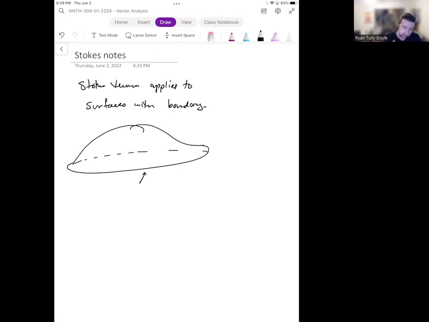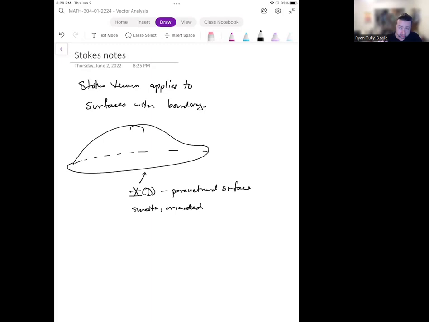I know it's irritating to use S for both the surface and the component of integration here, so maybe we can assume it's parameterized. Let's just call this X of D, some parameterized surface. We're going to assume it's smooth and oriented.